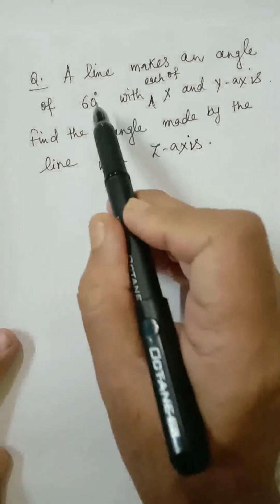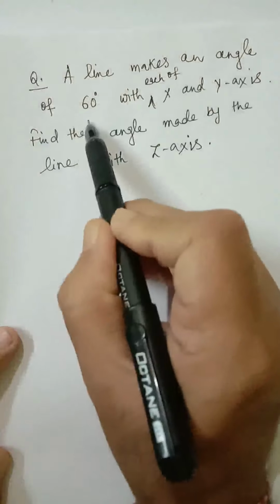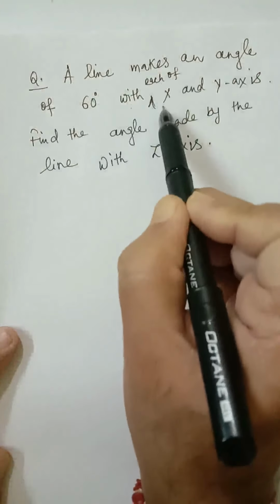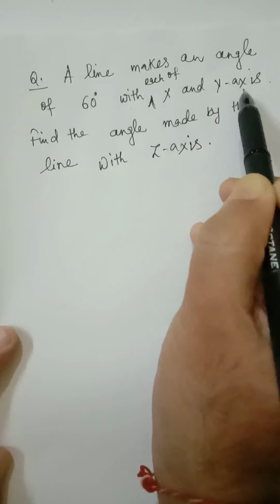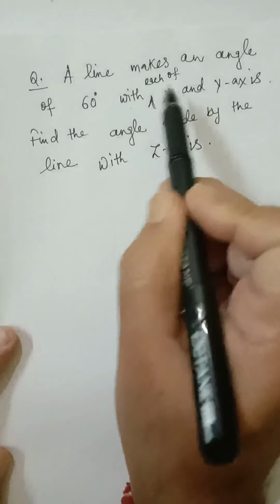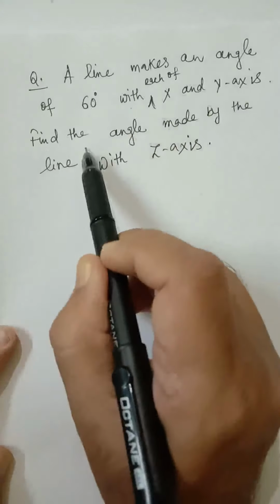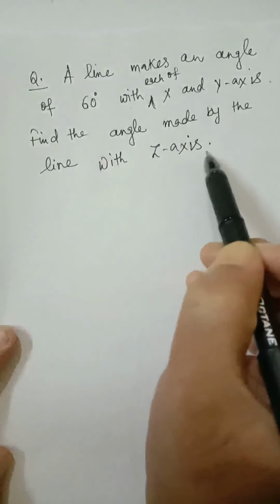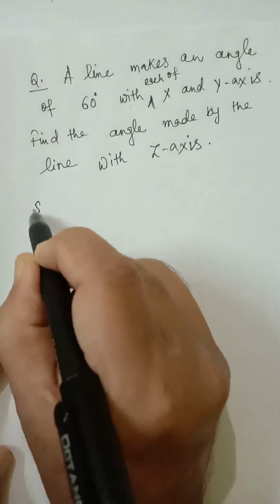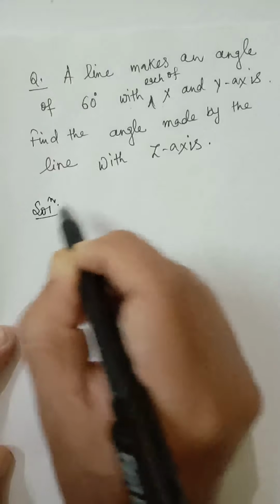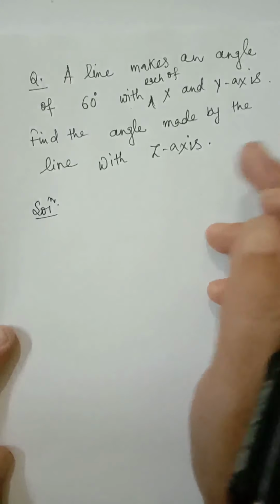Next question is, a line makes an angle of 60 degree with each of x and y axis. That is, the line makes an angle 60 degree with x axis, 60 degree with y axis. Find the angle made by the line with the z axis. First of all, let us assume that the line makes an angle gamma with z axis.